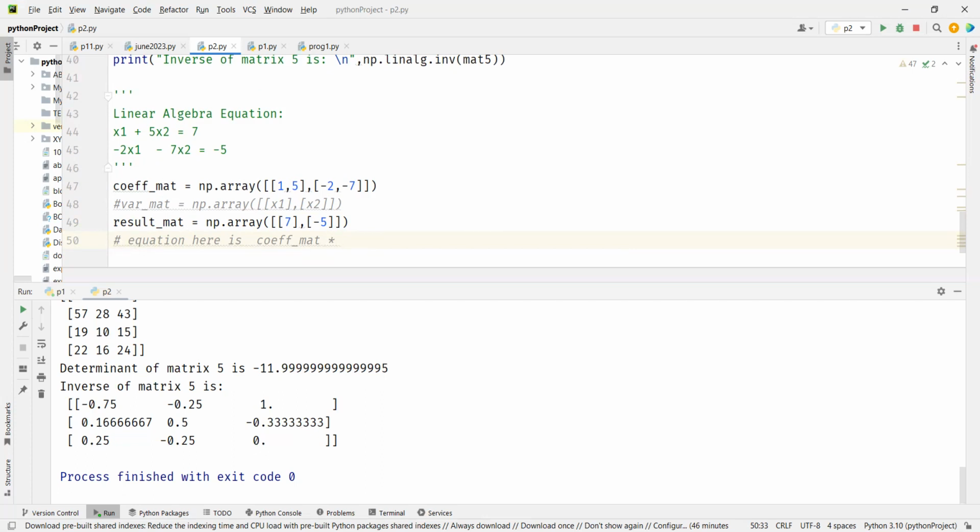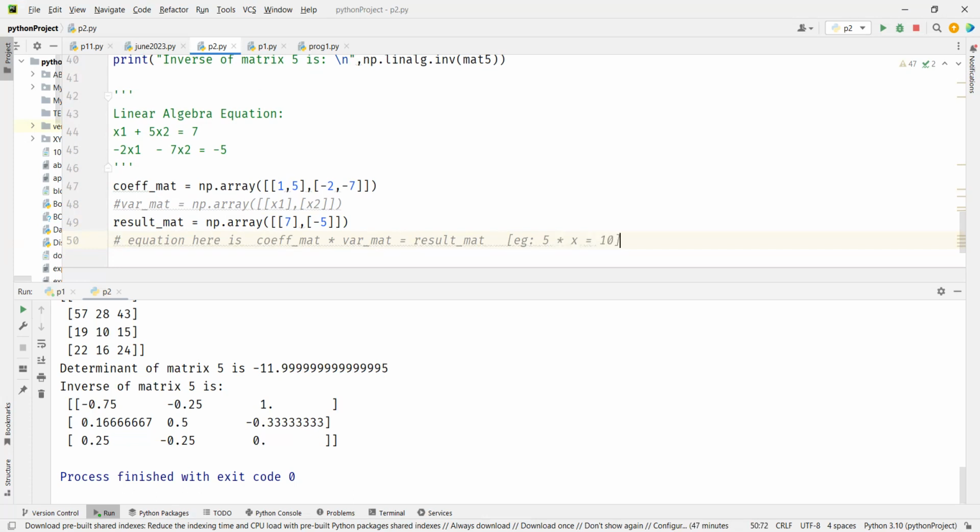So the matrix form we have converted into a linear equation, which is 5x equal to 10. 5 is your coefficient matrix, x is your variable matrix, and 10 is your result matrix. Generally, that's how we write it. Example: 5 into x equal to 10.